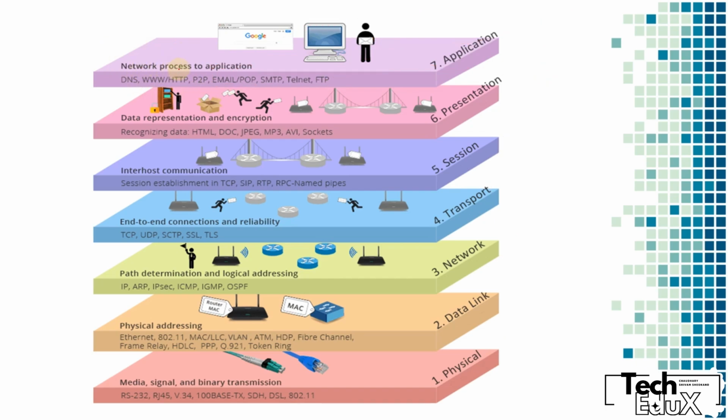Under the presentation layer, if you are trying to search some website like google.com or jobskillshare.com, it is going to convert all that data into some kind of encryption format. As you can see, it handles data like HTML, doc, JPEG, MP3, AVI, and sockets. All this formatting happens at the presentation layer.